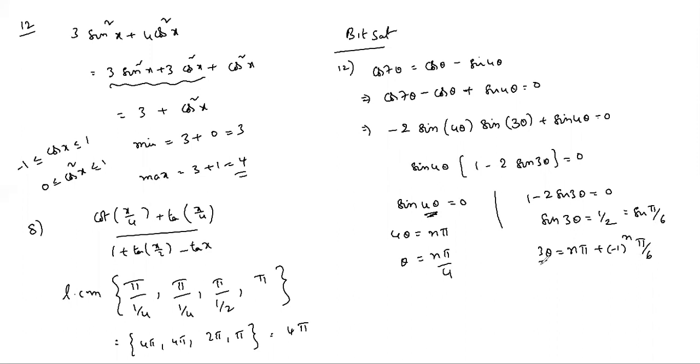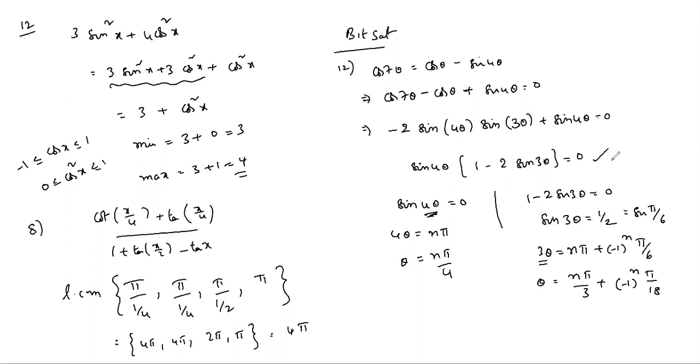This is for 3 theta first; next for theta, n pi by 3 plus minus 1 whole power n into pi by 18. So n pi by 4, comma, n pi by 3 plus minus 1 whole power n into pi by 18, is the last option. Like that you have to solve the equation and write the general solution.